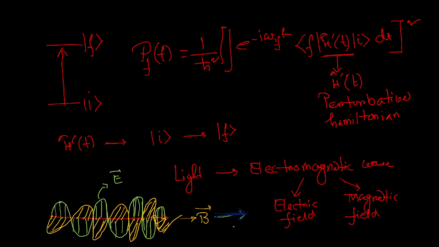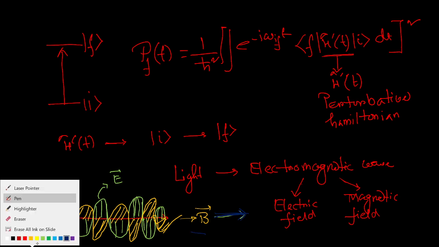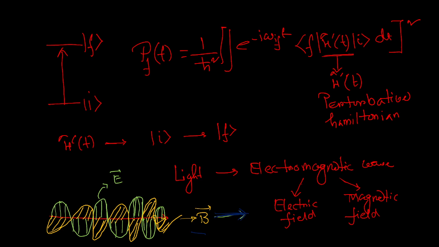All three are mutually perpendicular to each other. Now this is a field, so there is a magnetic field and an electric field. Then we have to incorporate it in terms of a potential, so that we can use it as a perturbative potential.